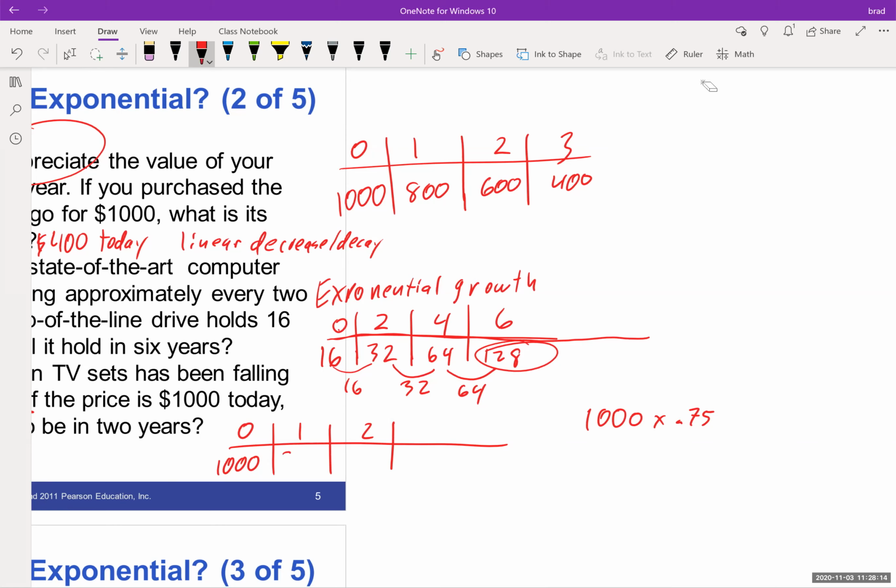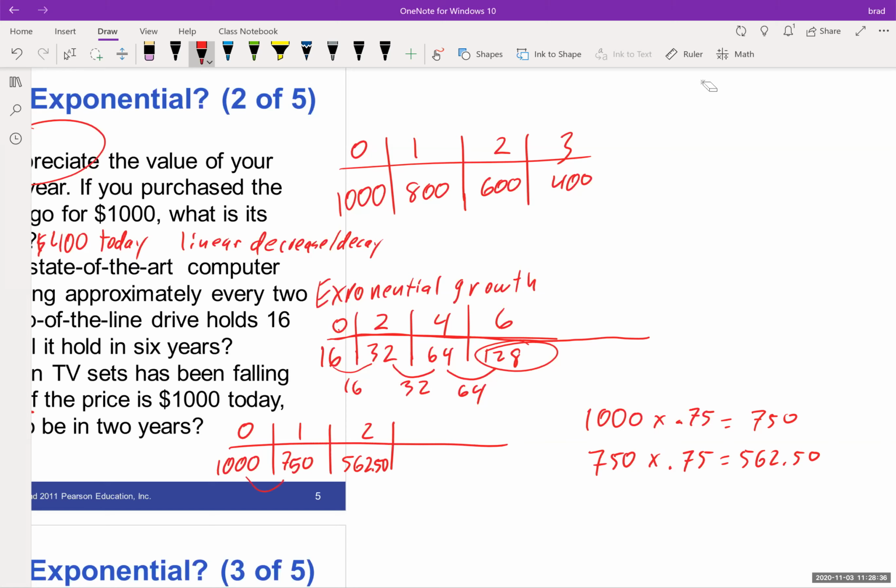So when you do that, you get 750. Okay. Now I'm going to do 750 times 0.75. And I get $562.50.